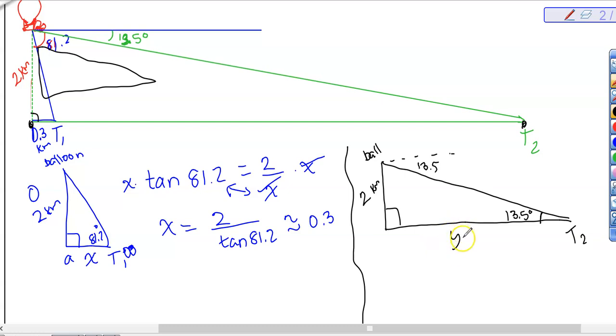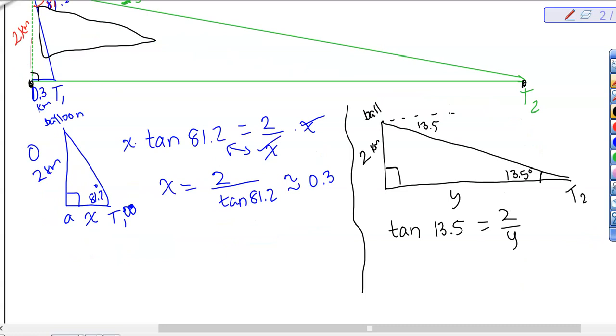Okay. So we're looking for this distance. So we do tan again. Tangent of 13.5 equals 2 over y. Multiply by y, right? Divide by tan. So y equals 2 over tangent 13.5.